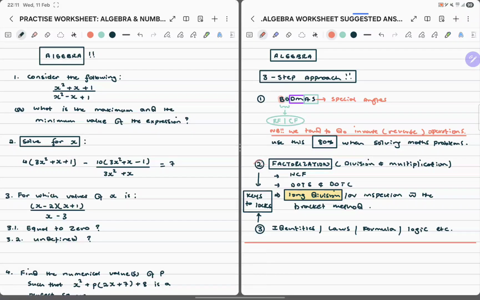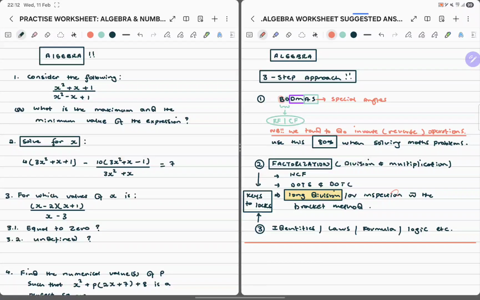Of course, the second step would be to factorize. This is nothing but division and multiplication looked at simultaneously. We can do this by taking out the highest common factor, or we can do a difference of 2 squares, or even a difference of 2 cubes. Then sometimes for polynomials, we may rely on long division.